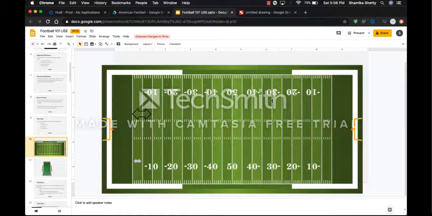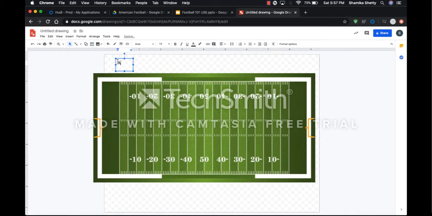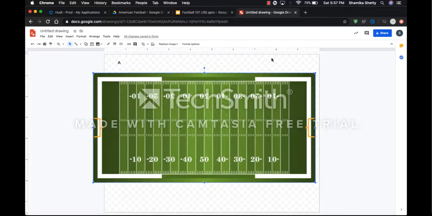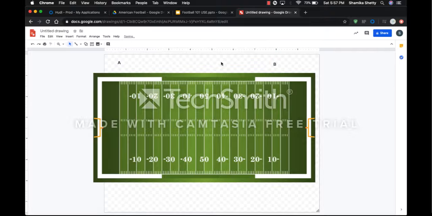So I think it's easy to understand that either of the teams are going to start from one side. Suppose you have team A and team B. Team A will start from this end zone.